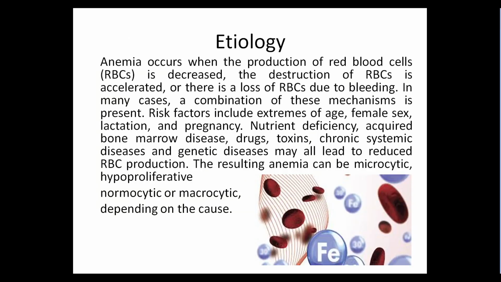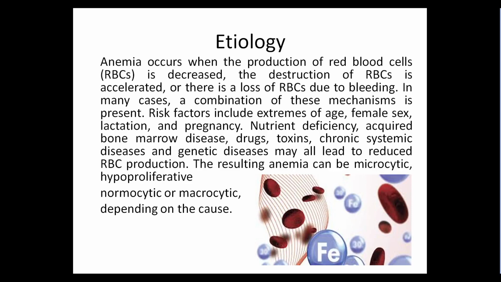Anemia occurs when the production of red blood cells is decreased, the destruction of red blood cells is accelerated, or there is a loss of red blood cells due to bleeding. In many cases, a combination of these mechanisms is present. Risk factors include extremes of age, female sex, lactation, and pregnancy.